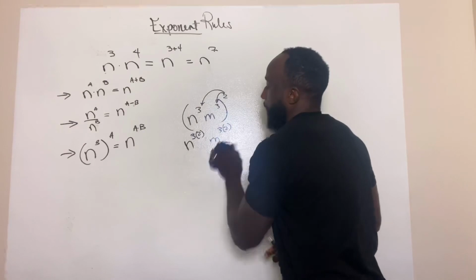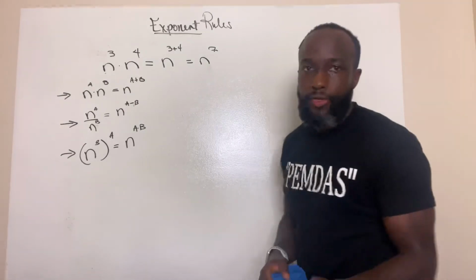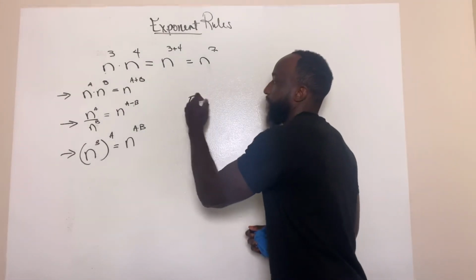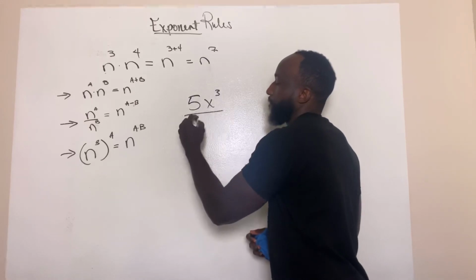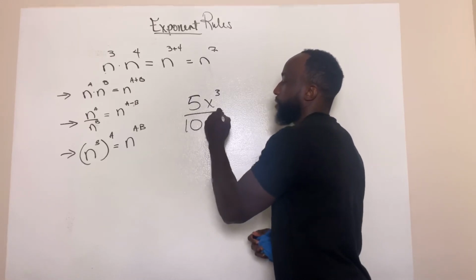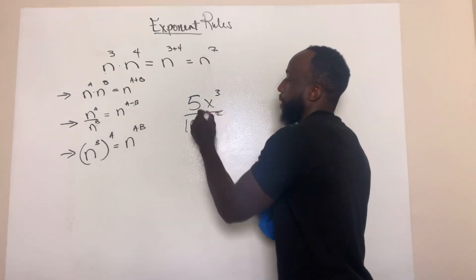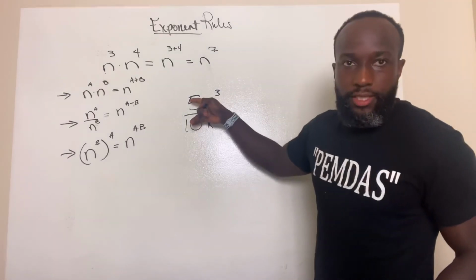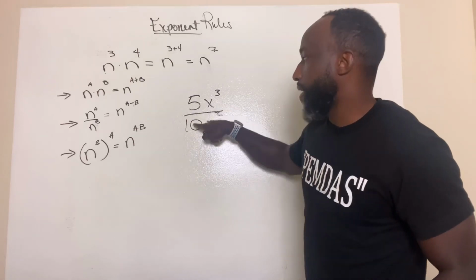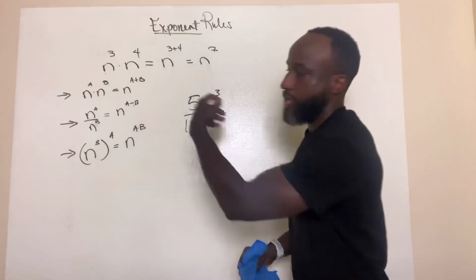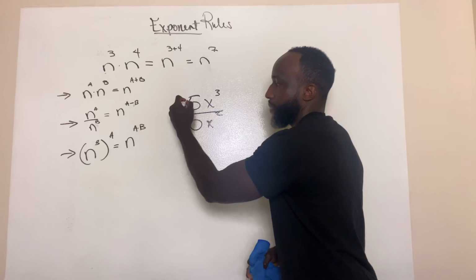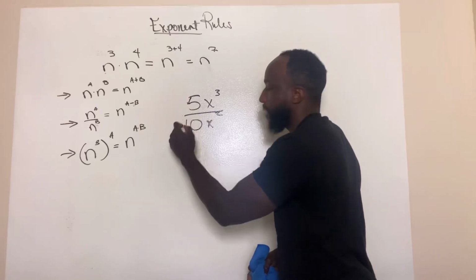Now, keep in mind, before I go, keep in mind when you're dividing. So for instance, if I have 5x to the 3rd over 10x squared, right? This is simple mathematics right here. This is 5 divided by 10, right? So you can simplify this by changing 5 and 10. You divide 5 by 5 and 10 by 5.